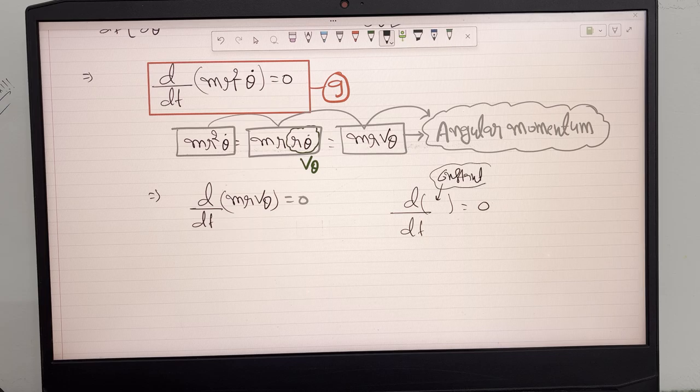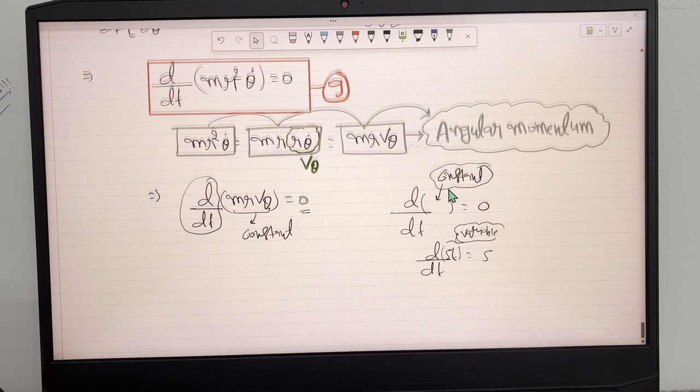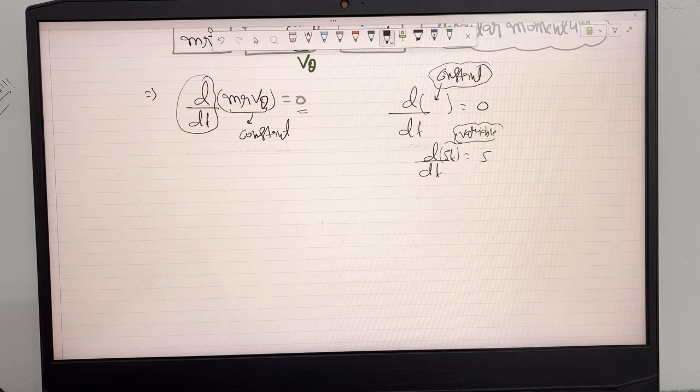If we take the derivative of a variable, it will not be 0. So whatever function is within this derivative must be some constant, right? So this m r b theta is your constant.